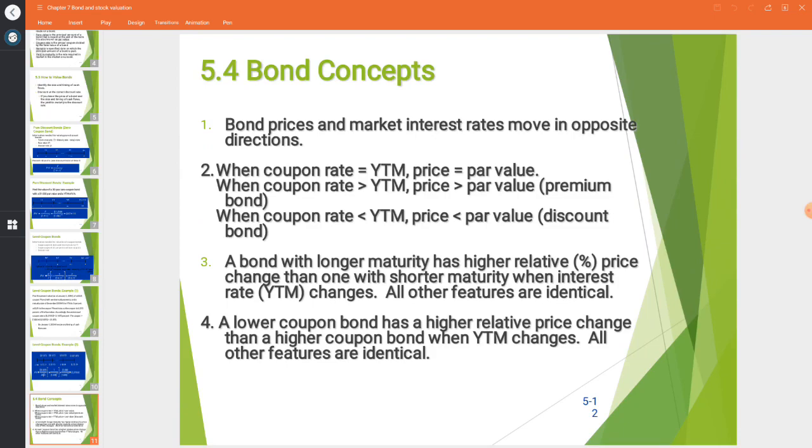So when you hear some professional telling you that this bond is a premium bond, it means that its market price is more than its par value. However, if the coupon rate is less than YTM, in this case the market price is lower than its par value, and this type of bond is called a discount bond.